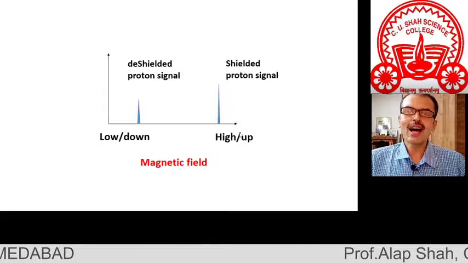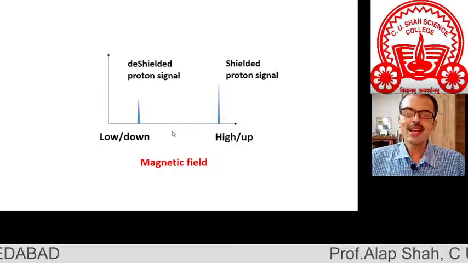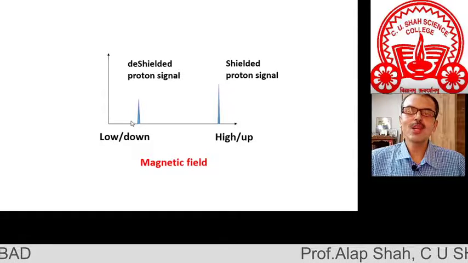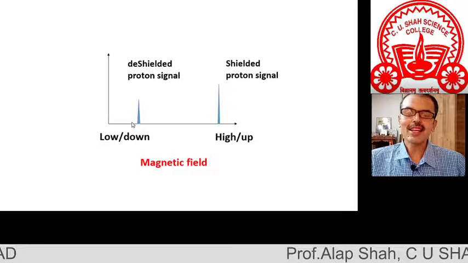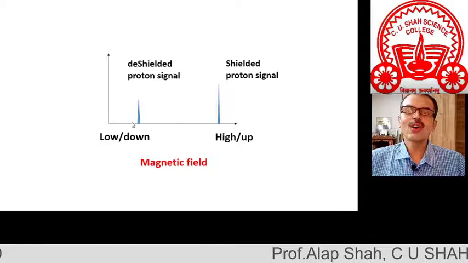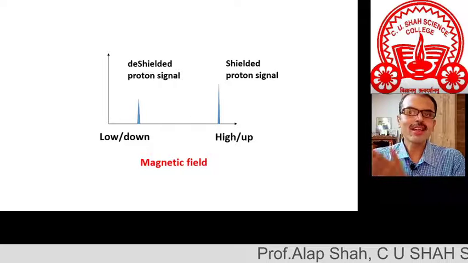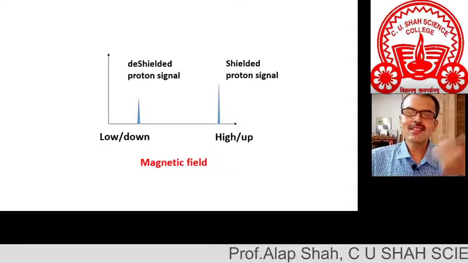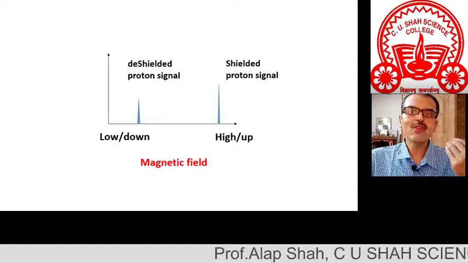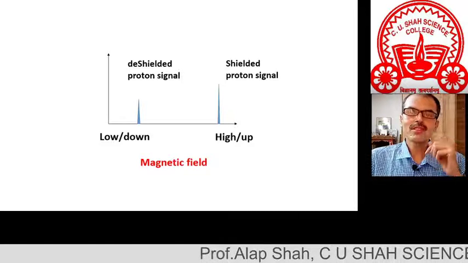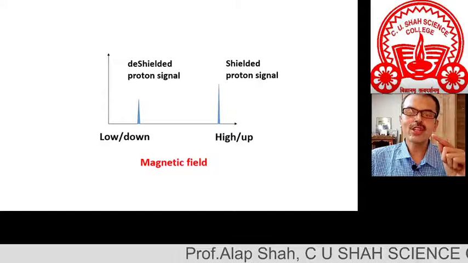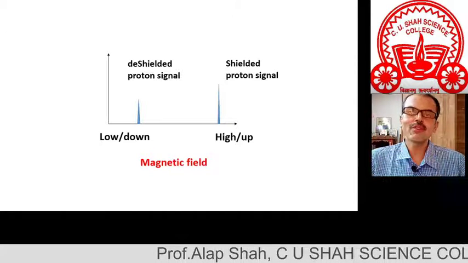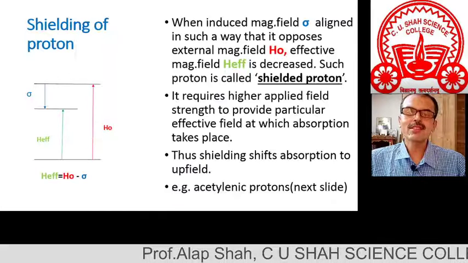That's why it is called high field or upfield. The area where the magnetic field is considerably lower is called low field or downfield. Keep this in mind because we are going to use these words in the explanation of shielding and de-shielding of proton. Now let us discuss shielding.